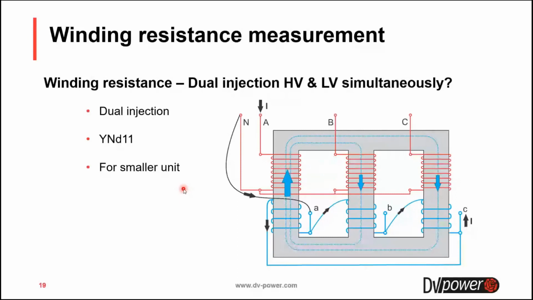In this case, we put total current in one leg of the transformer, and we need to maintain the magnetization in the same direction for low voltage and high voltage. This is good enough for smaller units, and with this setup you can measure two windings at the same time.